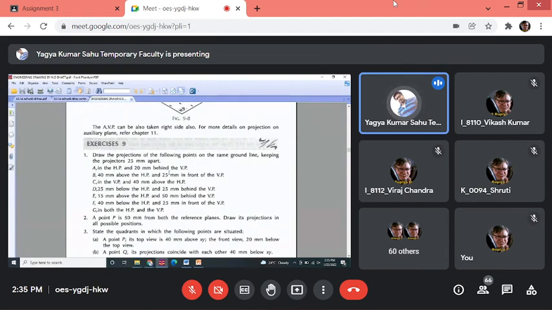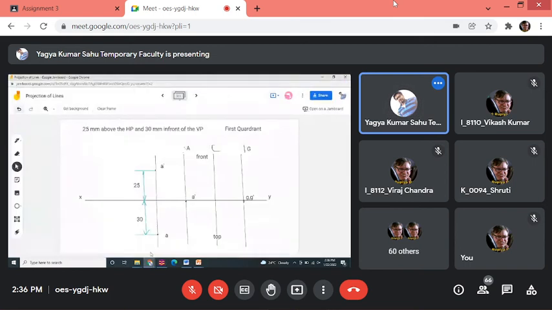Draw the top view and rotate it 90 degrees clockwise. If you rotate 90 degrees clockwise, where will it go, above or below? Above. Very good. Above the XY line.